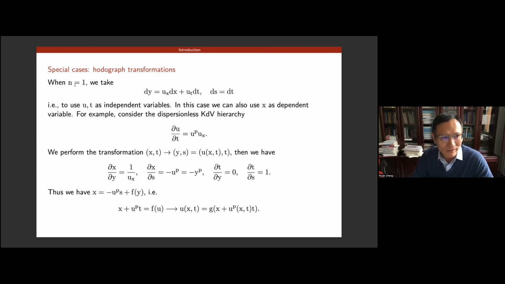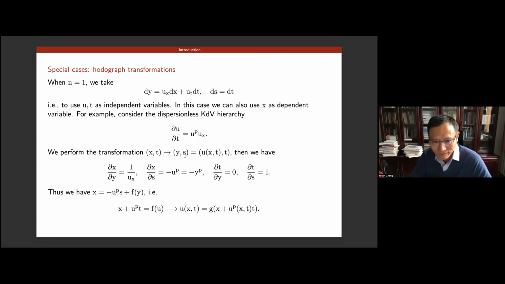When we have only one unknown function u, then we can take u as a spatial variable, and the time variable is fixed, still t, and we can use x, the original spatial variable, as a dependent variable. So for example, if we consider this quasilinear PDE, then we can perform this exchange of the spatial variable, the independent variables x and u.